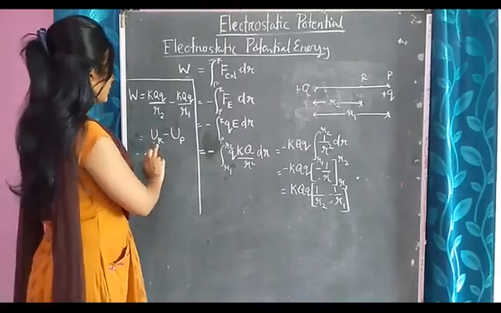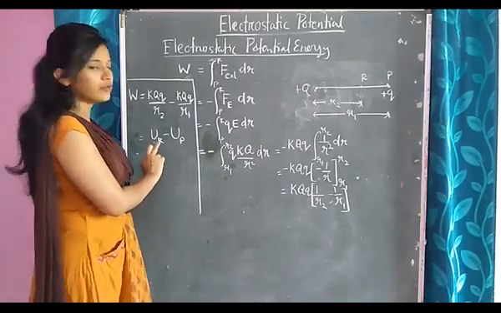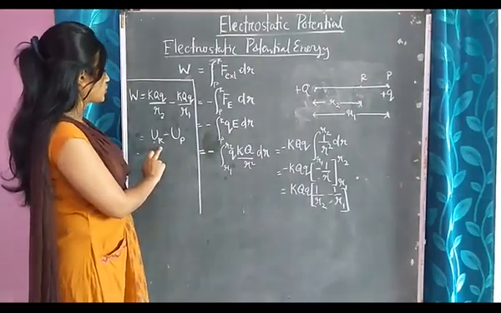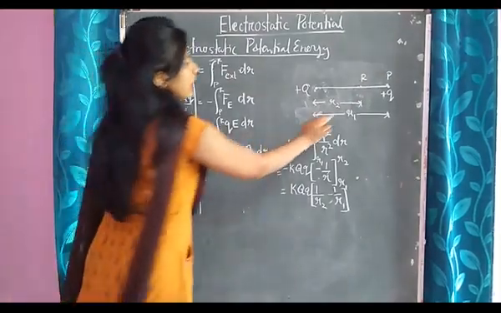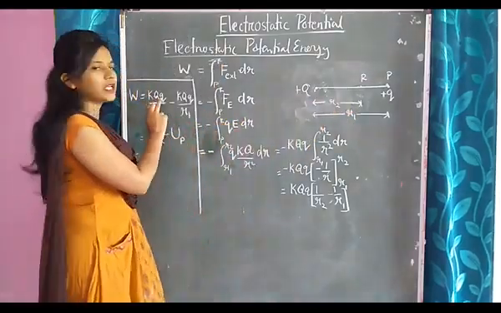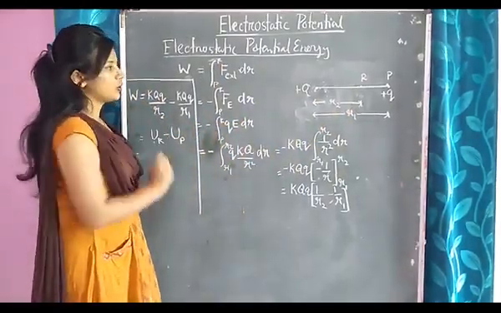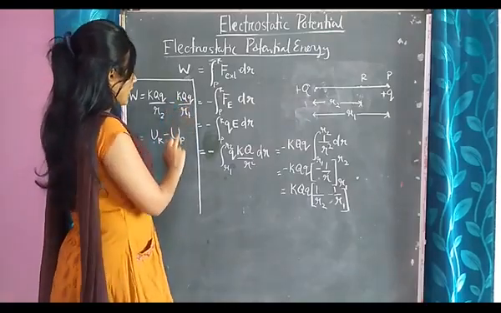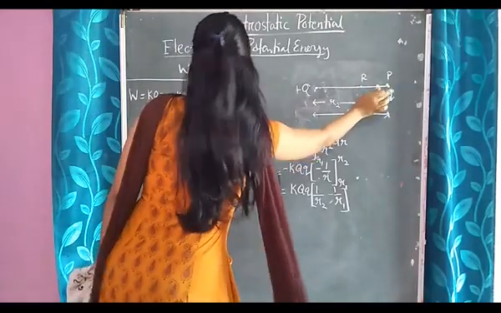So this one is for UR. We will define it as potential energy expression for point R. That is KQQ by R2, and UP is termed as KQQ by R1 for this point.